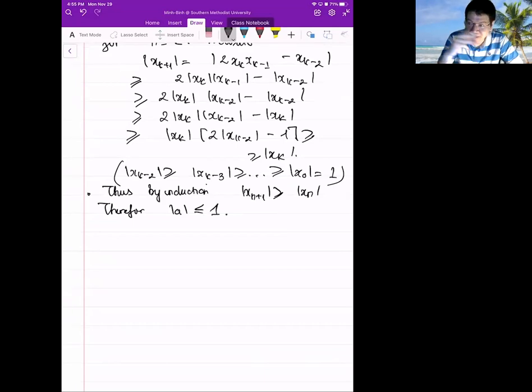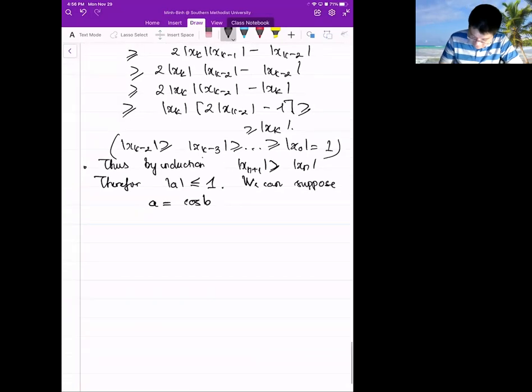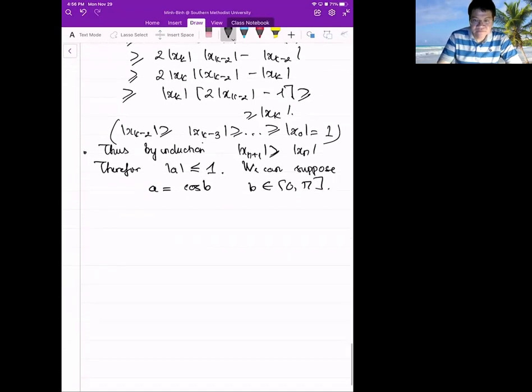All right. Now, because a is smaller than 1, we can write and suppose that a is equal to cosine of b, for b belonging to (0, pi). So now there's one tricky thing, which is the Fibonacci sequence.